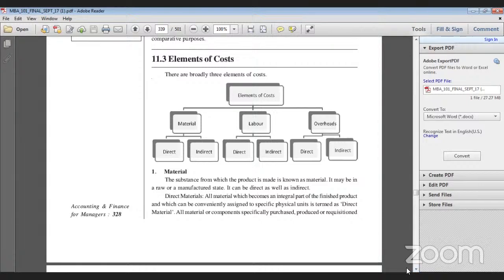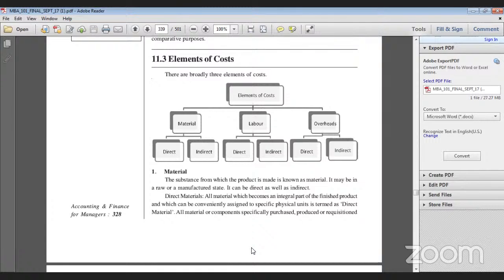Elements of cost: material, labor, and overhead, each direct or indirect. These are the elements. Material: the substance from which the product is made is known as material.